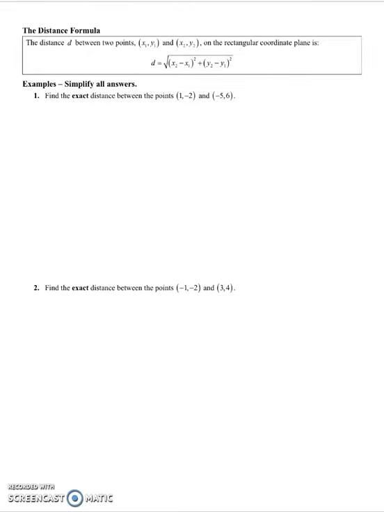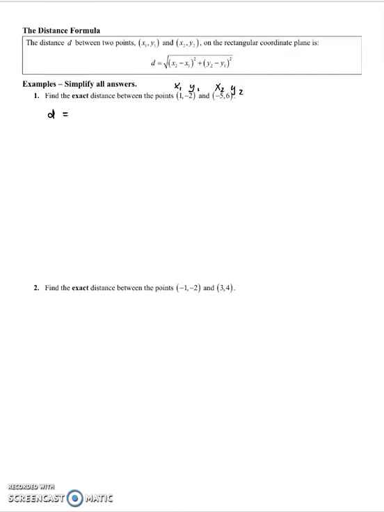So find the exact distance between the points (1, -2) and (-5, 6). So we can label these x1, y1 and x2, y2. And now all we have to do is plug into the formula.